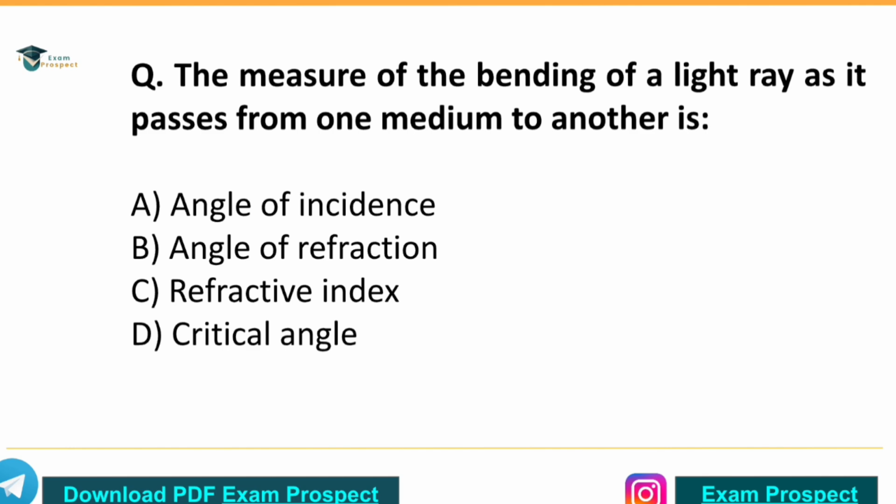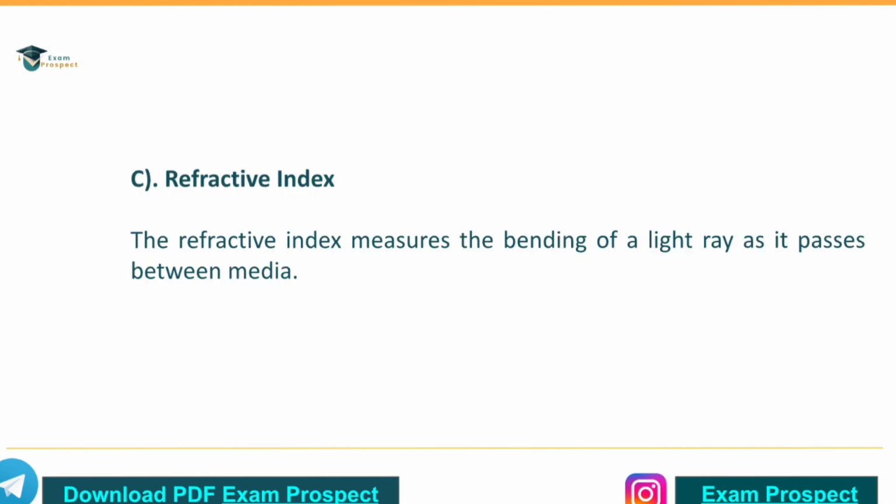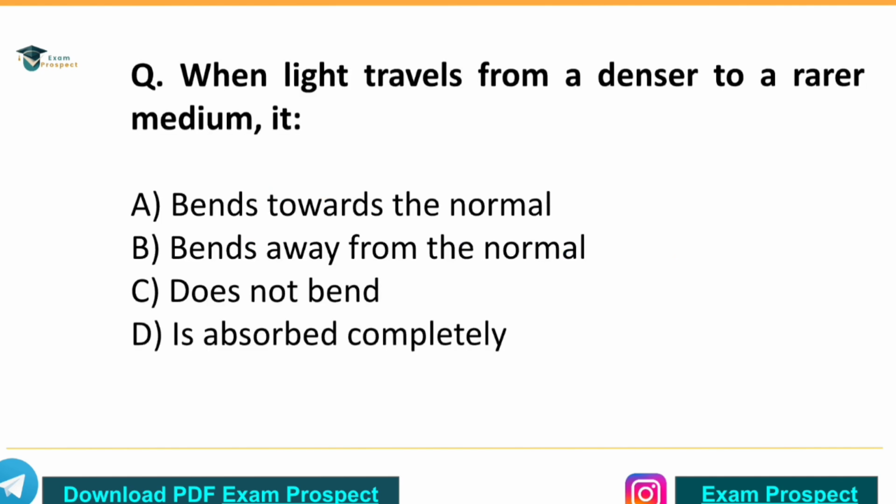Next question, the measure of the bending of a light ray as it passes from one medium to another is called? Correct answer is option C, refractive index. Next question, when light travels from a denser to a rarer medium, it?